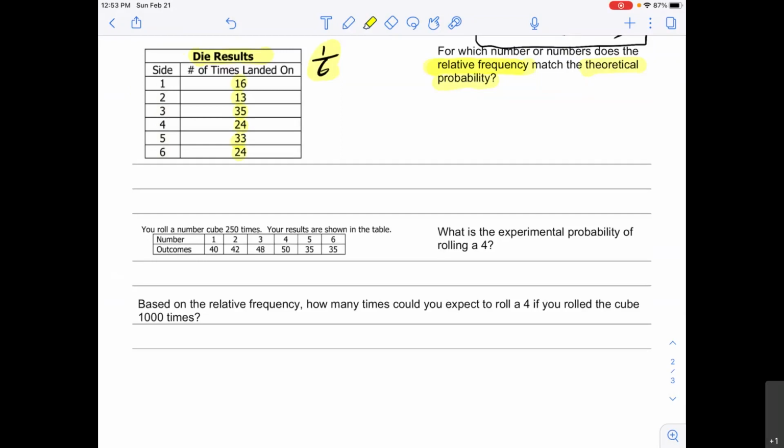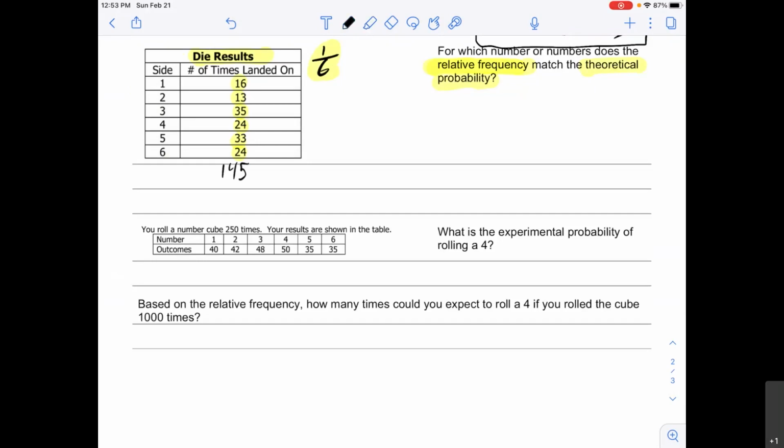To do that, I just have to add up all of the things in this column. 16 plus 13 plus 35 plus 24 plus 33 plus 24. And I get a total of 145 times. That's how many times this die was rolled.